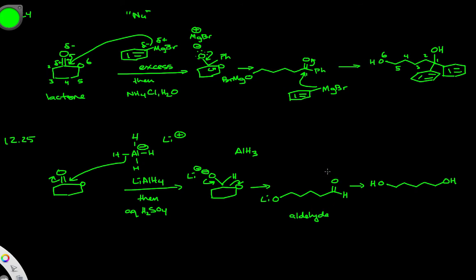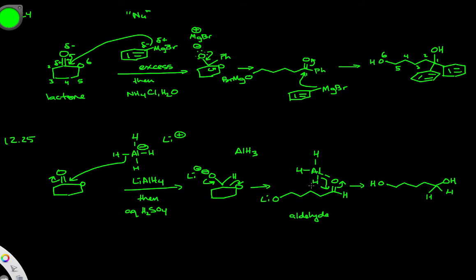So the remaining step is the introduction of a second hydride equivalent. So we have to add that second hydrogen. We can show the alane complexing to the carbonyl oxygen and then delivering a hydride.